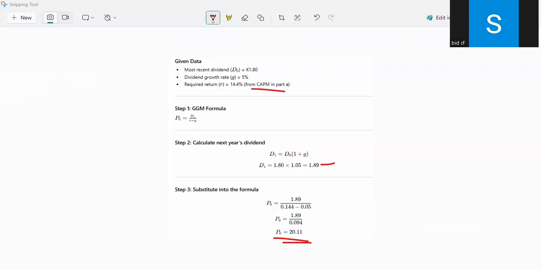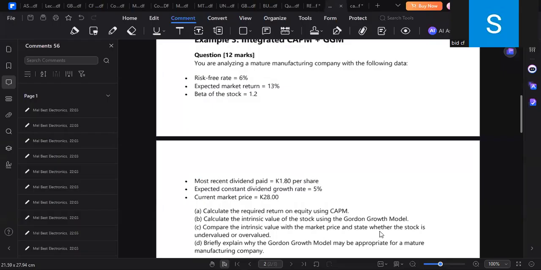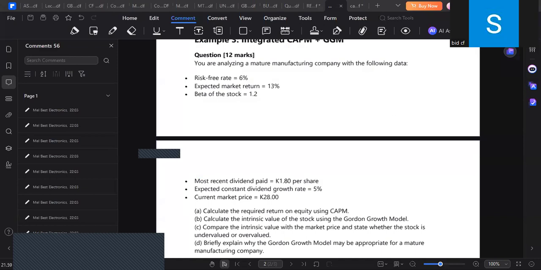Let's go to part C. Let's compare the intrinsic value and the market price and state whether the stock is overvalued or undervalued. So what was our market price?